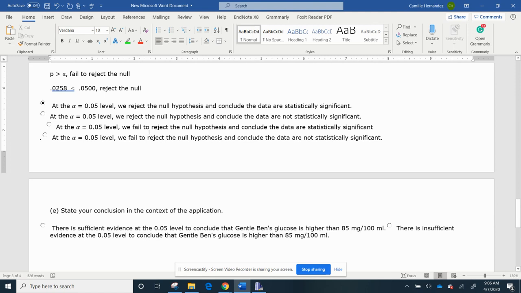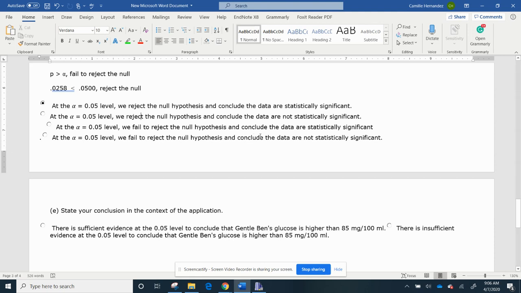I didn't fail to reject the null, so this one's not true, this one's not true. The reason I got reject the null and concluded the data was statistically significant is because it was that original claim and I supported it. So when you do these, make sure to put OC next to the original claim, and then if it's true or false, it tells you if you're supporting it or not.